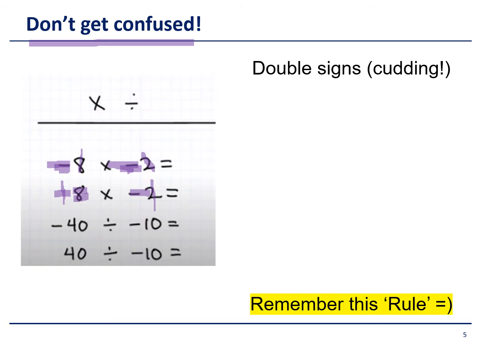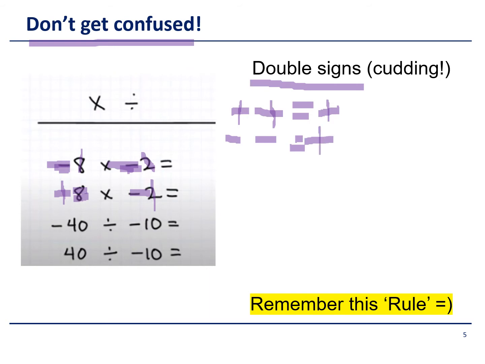Now let's move on to the more important, the main rule, okay. So when we've got double signs, the first thing we need to know is when we have a plus and a plus, that equals a plus. And when we have a minus and a minus, or shall I say negative and a negative, that equals a plus.